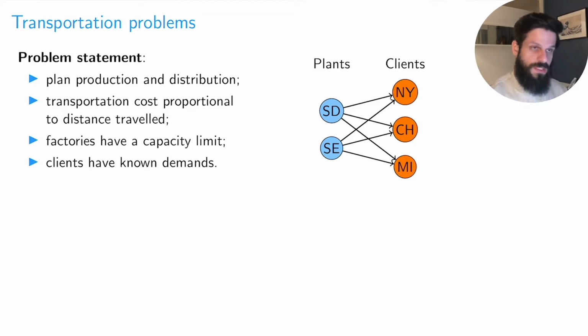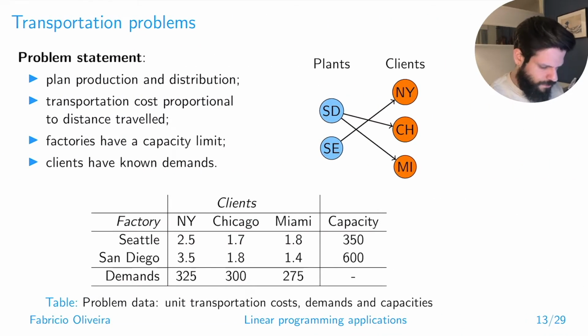So in order to represent that, we're going to follow a similar strategy, and we'll start by defining the entities and so on. Here is a small example. I have some cities in the US, and I want to send products from San Diego and Seattle to New York, Chicago, and Miami. And here is the information I need to define an optimal distribution plan that could look, for example, like this, with San Diego sending to Chicago and Miami, and Seattle sending to New York.